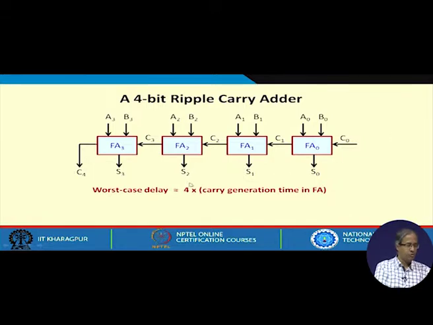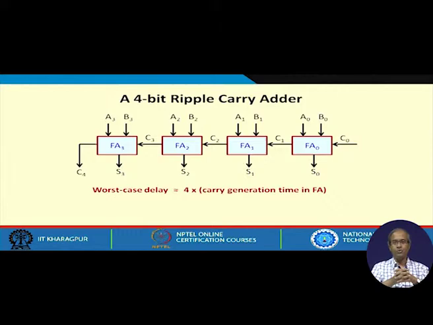So, 4 multiplied by the carry generation time in a full adder, this will be roughly the worst case delay. Of course, there will be one more because of the sum generation. Anyway, I am looking at the carry only. So, roughly speaking, because it is a 4-bit ripple carry adder, the worst case delay will be 4 times the carry generation time of a single full adder.